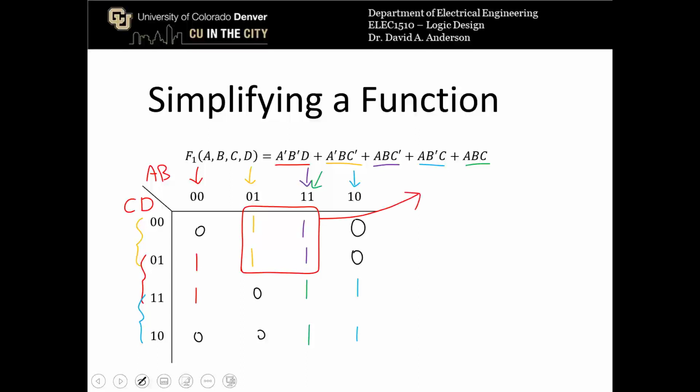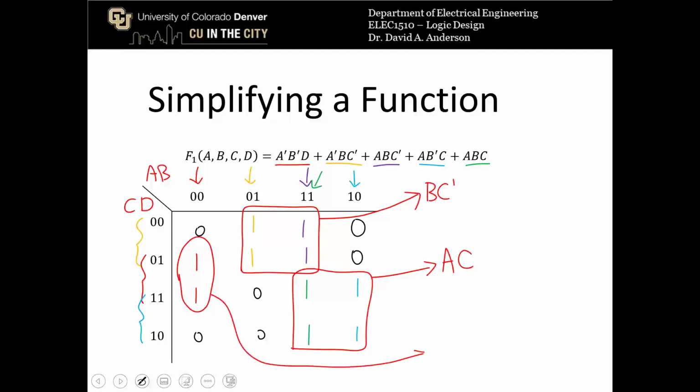And that bubble is the term BC prime. This bubble is one of the essential bubbles. This one is going to be AC. And then finally we have this term, which didn't get simplified into another bubble, which is A prime, B prime, D, the same as the very first term in the original function.